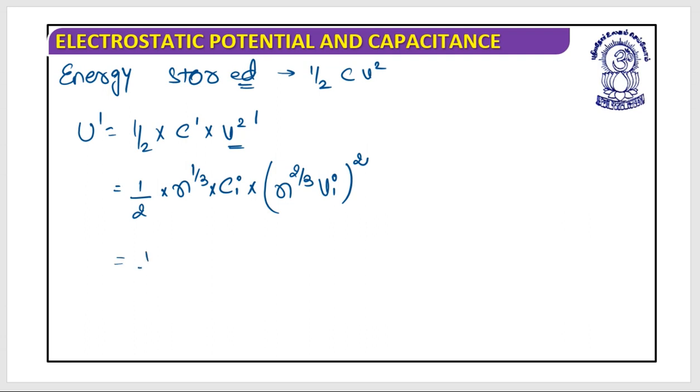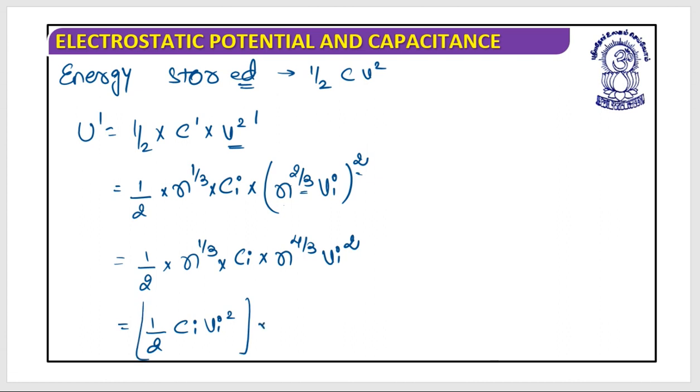So the term will be half into n to the power 1/3 into Ci multiplied by n to the power 2/3 whole square. It's n to the power 4/3 Vi square. So if I solve this, it's half Ci Vi square, which is the initial energy, multiplied by n to the power 1/3 into n to the power 4/3.